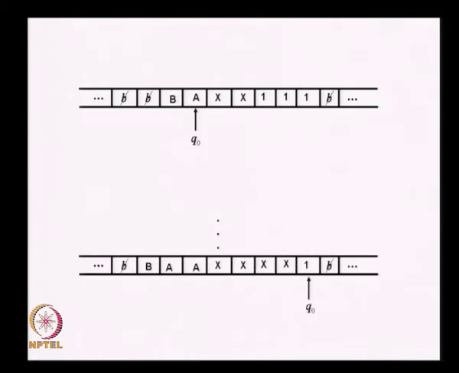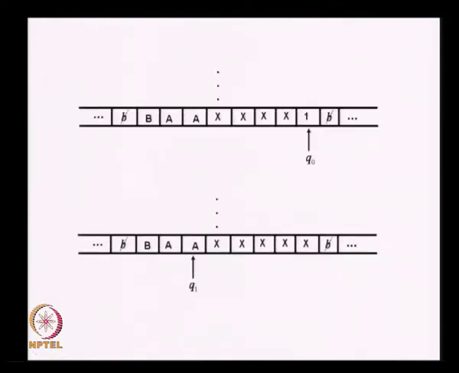It proceeds like this. At this situation it has converted 4 ones into x and you have the number 4 here. The tape head points to the last one, it is seeing the one in state q naught, it changes that into x and starts moving left in state q1.